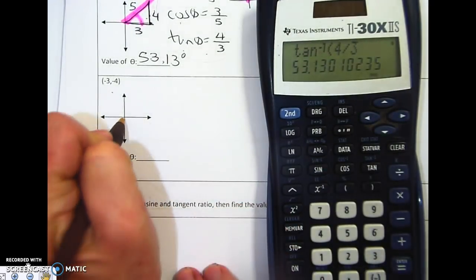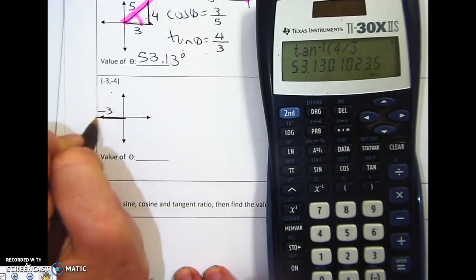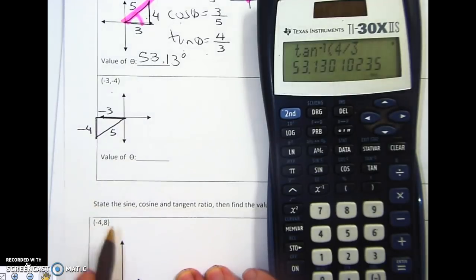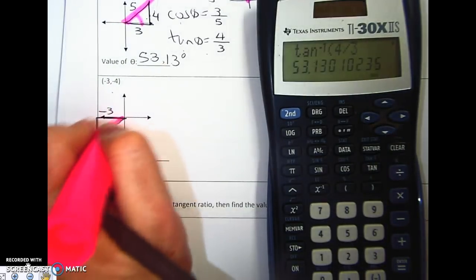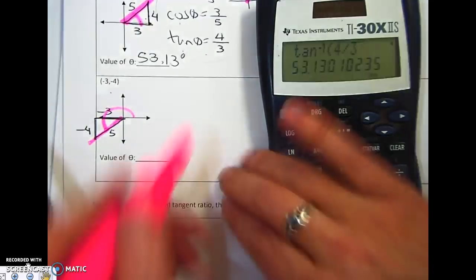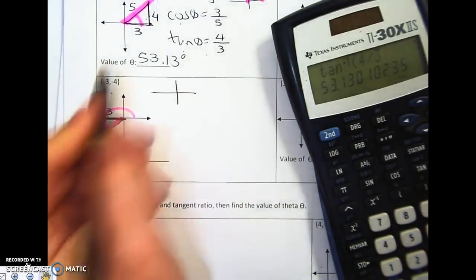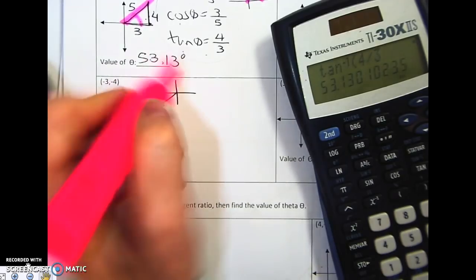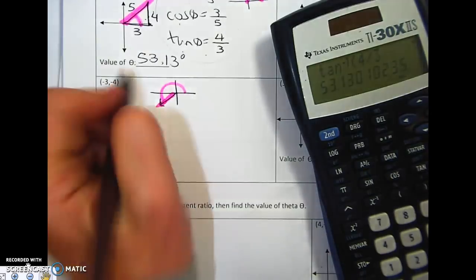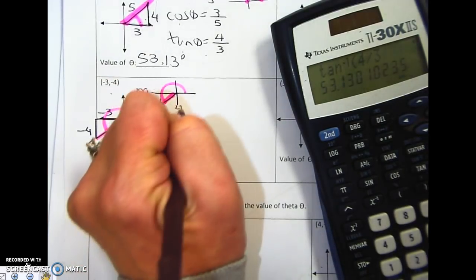Negative 3, negative 4: left 3, down 4, hypotenuse is 5. What I'm trying to find now is the measure of that angle in standard position. So technically what I'm doing is that. So I know that it's got to be in the third quadrant, which means it's somewhere between 180 and 270 degrees.